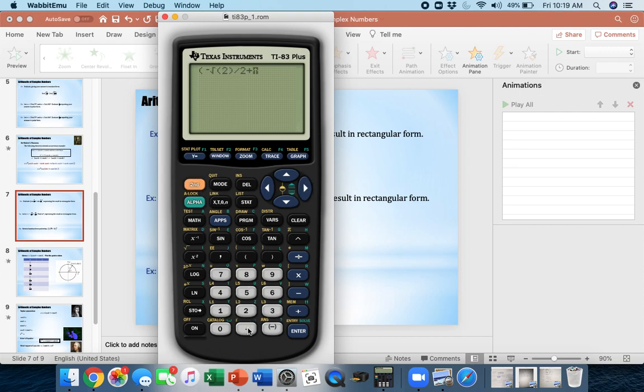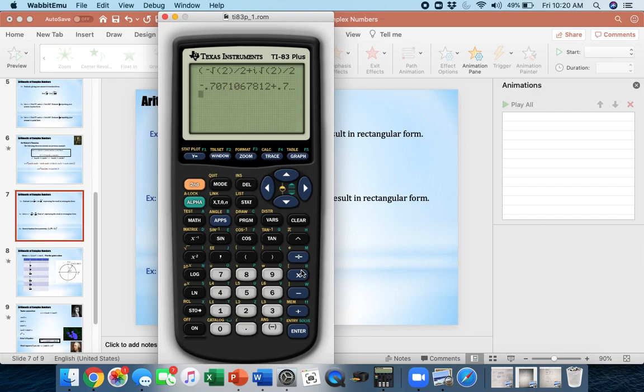Plus i square root of 2 divided by 2. What the hee-haw? I forgot to raise it. That's just what that's equal to, right?